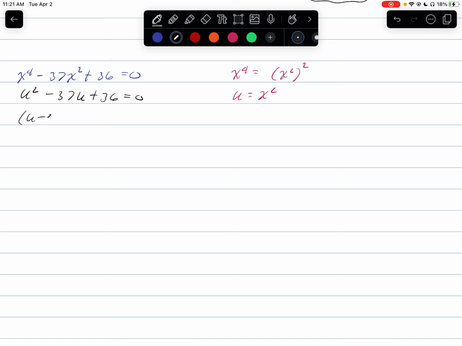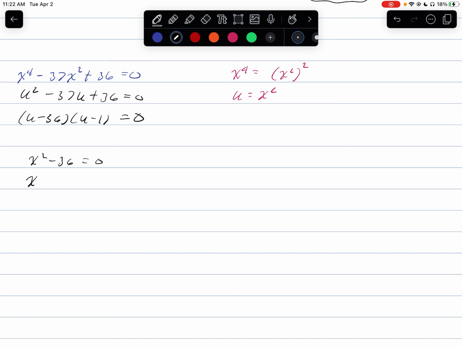So we have (u minus 36) times (u minus 1). Remember, we have negative 36 times negative 1 gives us positive 36, and negative 36 plus negative 1 gives us negative 37. We set this equal to 0. And what we do now is we set each of these equal to 0 after replacing u with x squared. So we have x squared minus 36 is equal to 0.